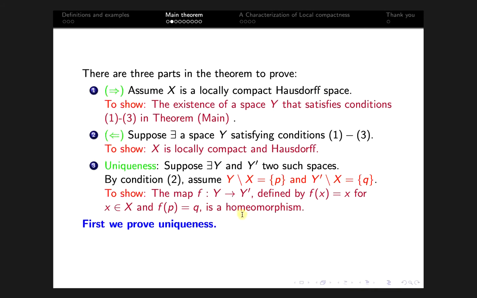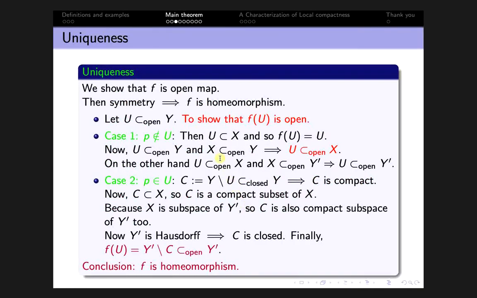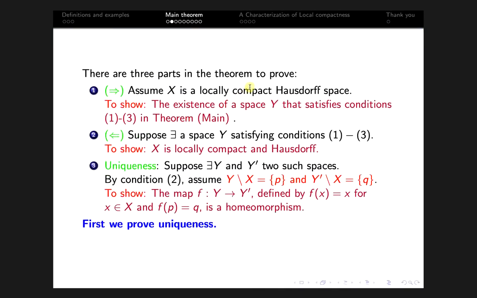First we prove uniqueness, that is the third part. So we have to show that f is an open map. Then by symmetry it implies that f is a homeomorphism. By the definition of the map f, one can see that f is a bijective map.